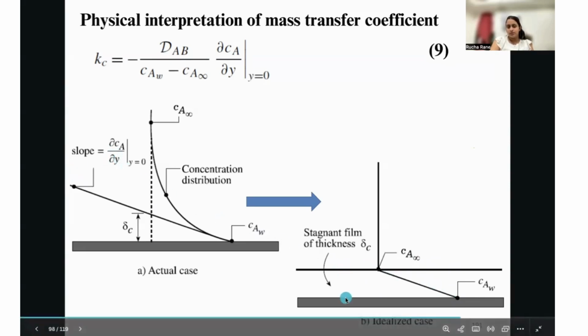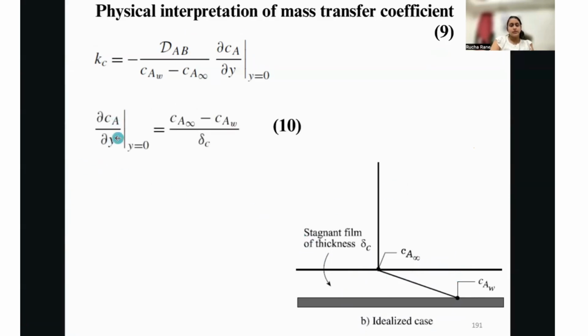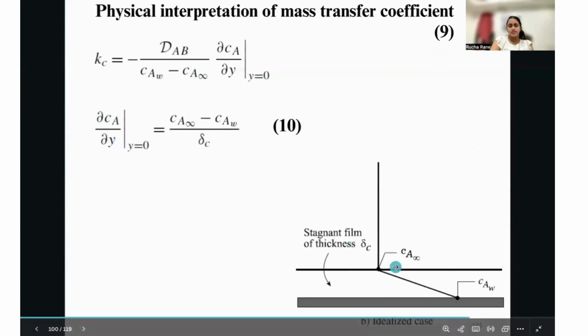And this film has a thickness of delta C. So dC_A upon dy can be written as C_A infinity minus C_AW upon your film thickness, which is delta C, by the basic definition of slope.